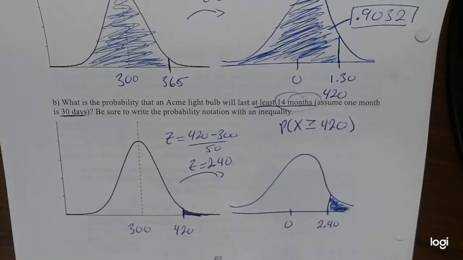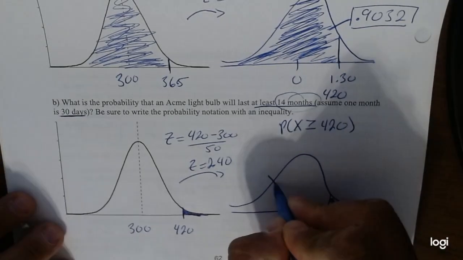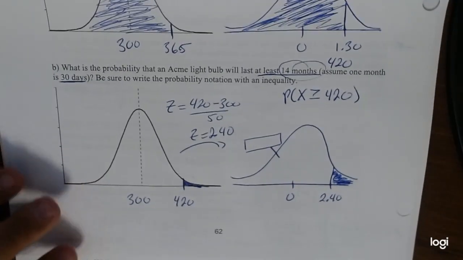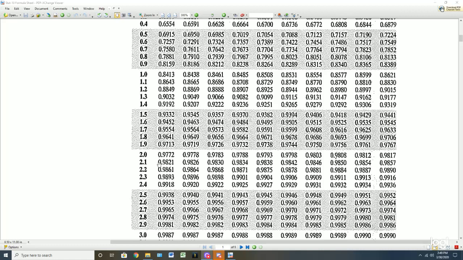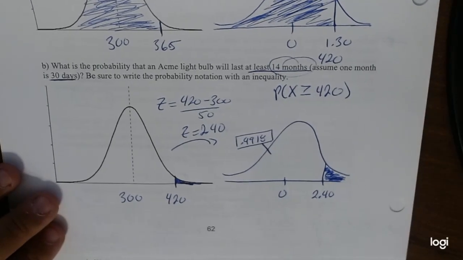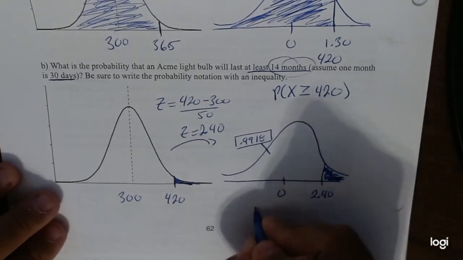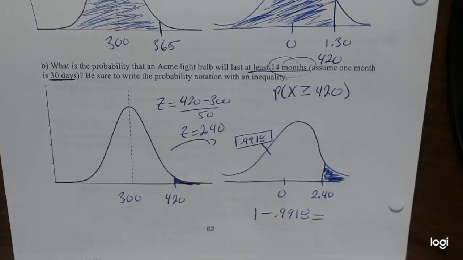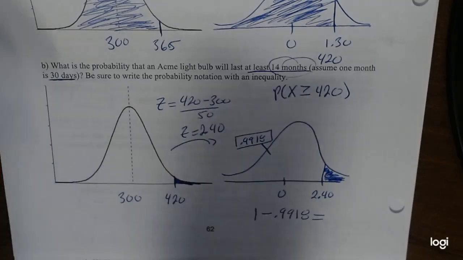You can only find area to the left of it. So there's a little extra step first. We've got to find the area to the left of 2.40. Going back to our formula sheet, it's 0.9918. And since I want the shaded region to the right, it's going to be 1 minus 0.9918, which gives you a grand total of 0.0082.